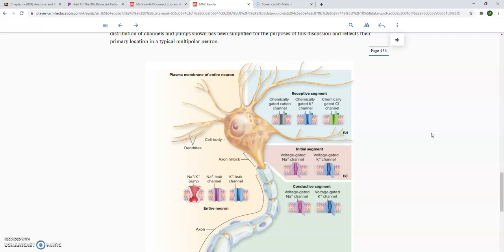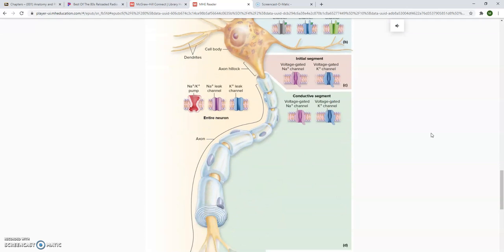All right, so the next type of channels that we need to know where they're located are the voltage-gated channels. We haven't talked about them yet. You'll notice that they are only located along what they call the initial segment of the axon, and then the conductive segment.